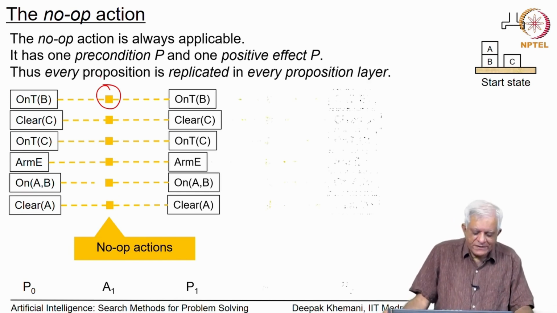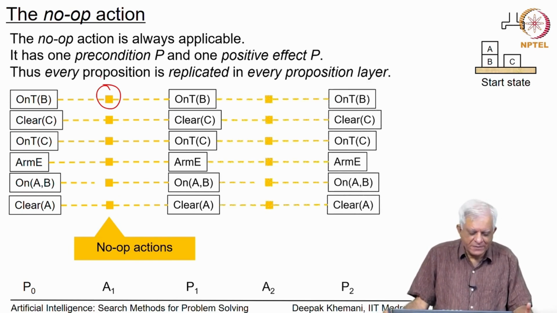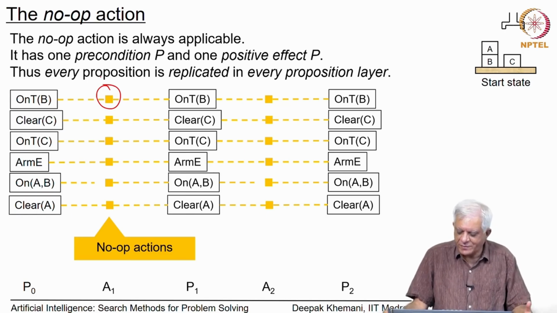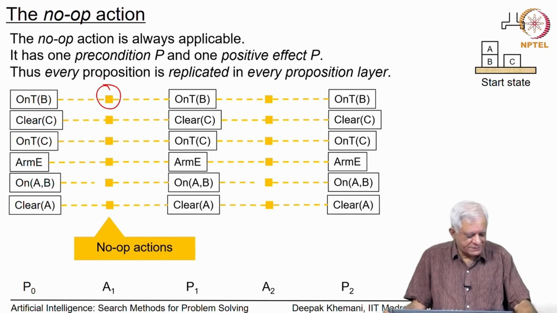Now, since a no-op action is always applicable, it is going to replicate the proposition layer at every stage. So, every layer as we proceed forward will have the same propositions carried forward again. This is the first observation you must make about the planning graph: if any proposition occurs in any layer i, it will also occur in any layer j which is greater than i, as the planning graph is constructed.